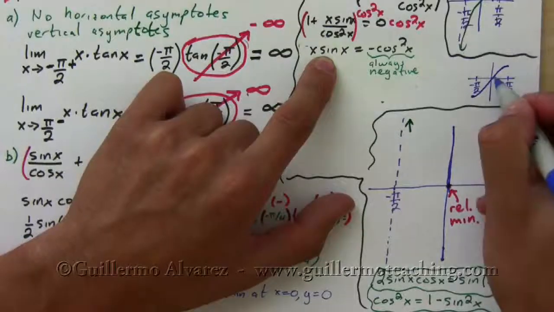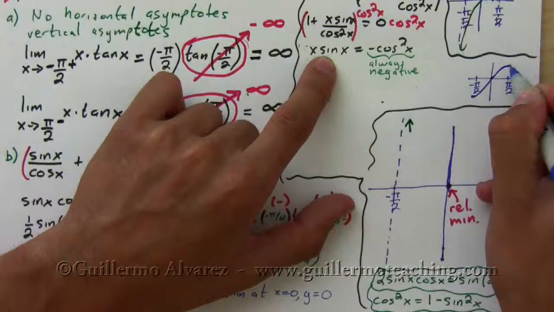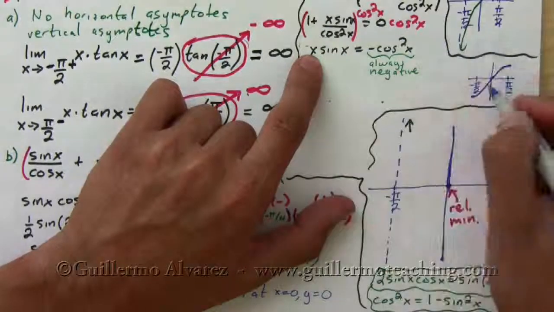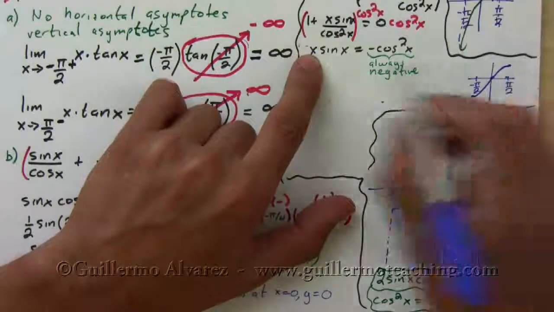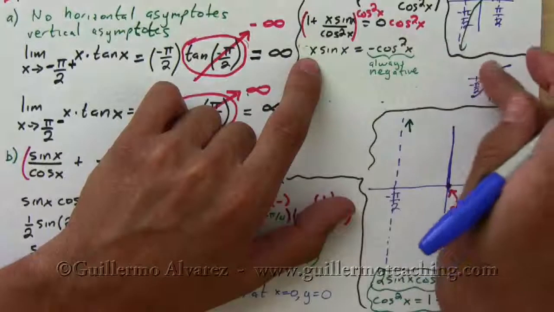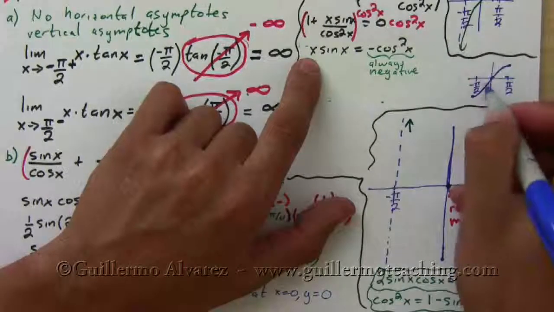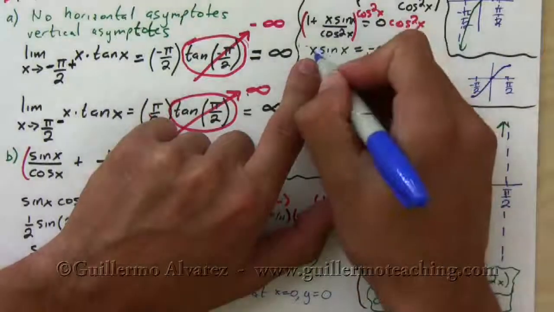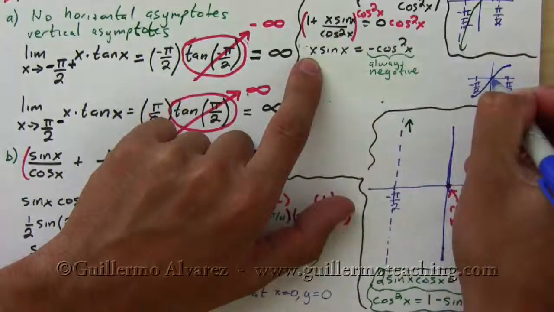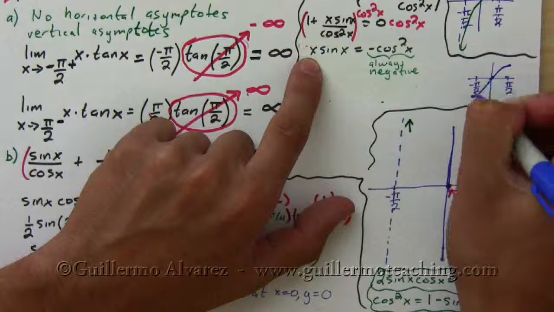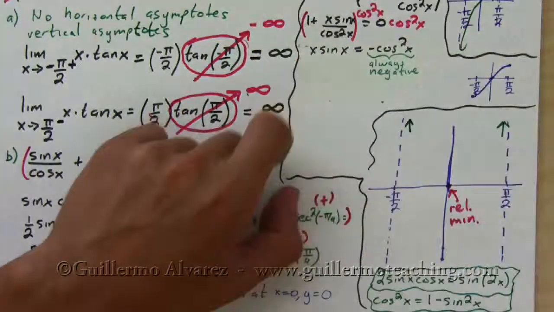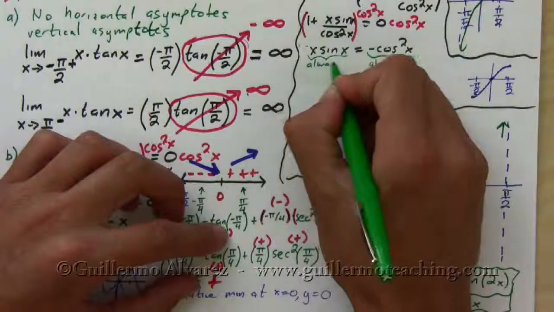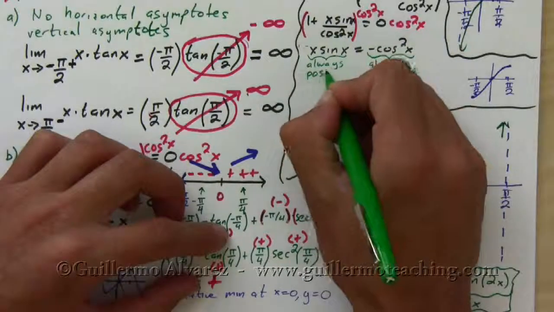From 0 to pi over 2, sine is positive and x is positive, so this side is always going to be positive. From 0 to negative pi over 2, x is negative and sine is negative, so this is always positive.